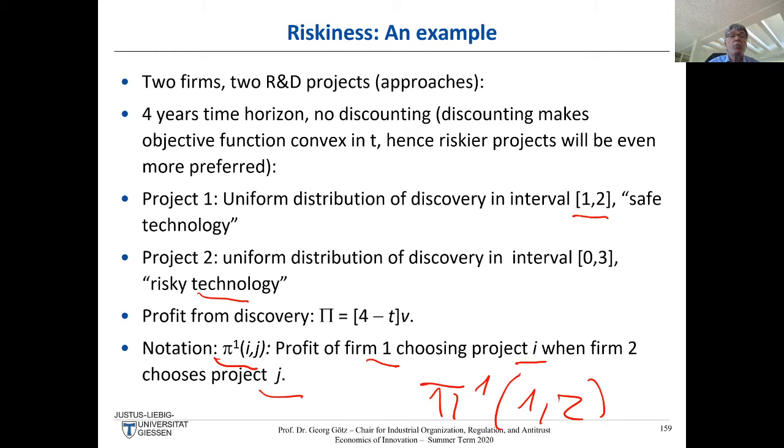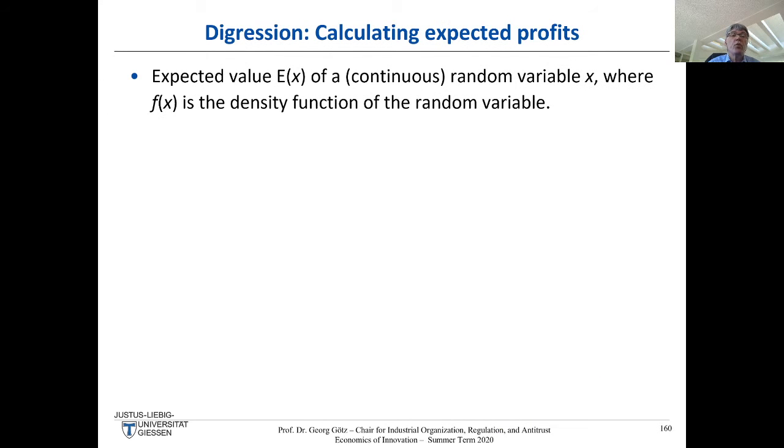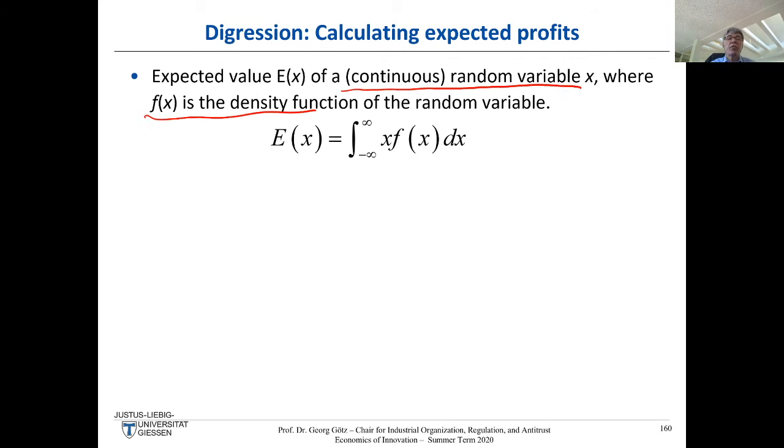Okay, we move on, and here's just a very short digression into how you calculate expected profits, or actually an expected value, if you have a continuous random variable and some density function f(x). Our random variable is nothing else than our profit variable. Hopefully that's what you know from your math or statistics class.